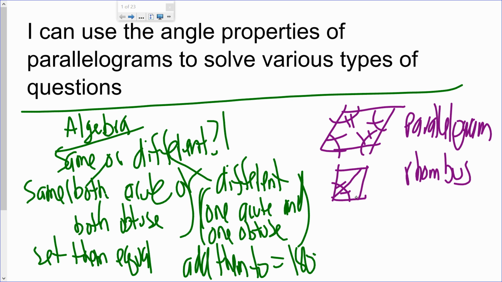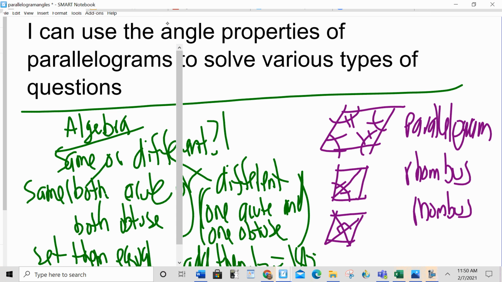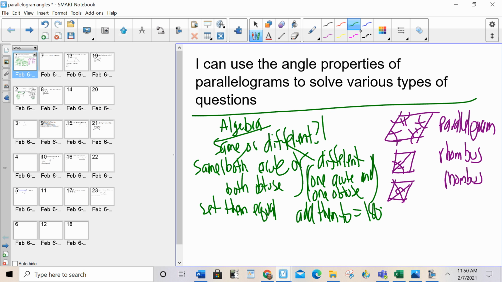And we also know that in a rhombus, the diagonals are perpendicular to each other, forming right angles. And then what we also have in the parallelogram is alternate interior angles formed, since the opposite sides are parallel. So those are things that may come up.